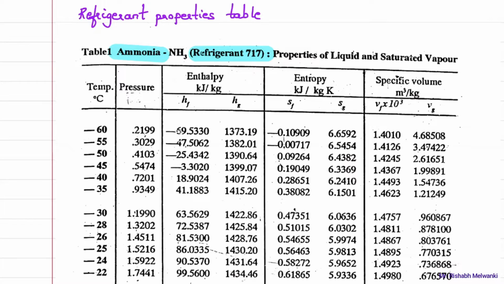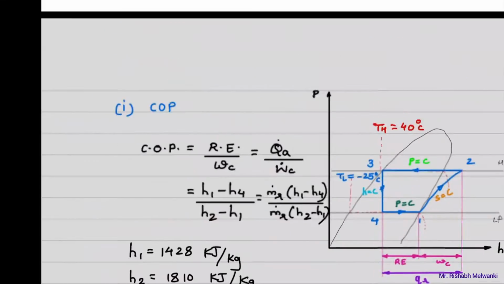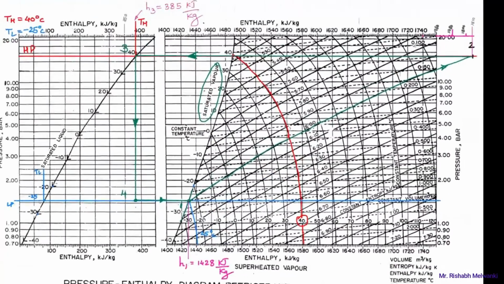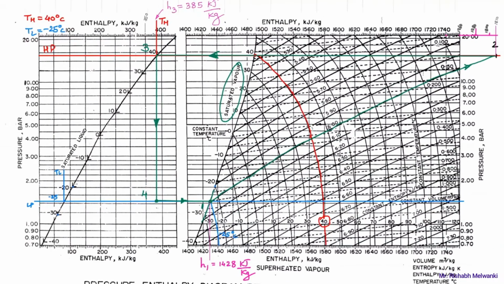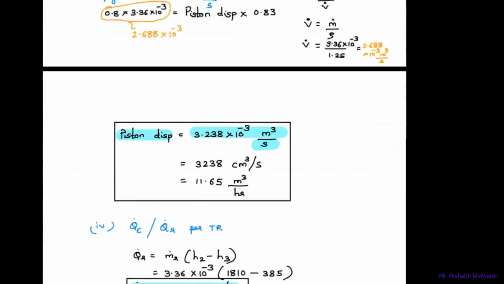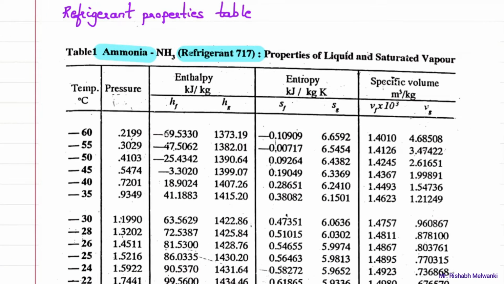Also, you will find the pH chart like this, which we had seen in the previous session. So you will get the pH chart in the Mathur and Mehta data book, as well as tables for the same type of refrigerant.